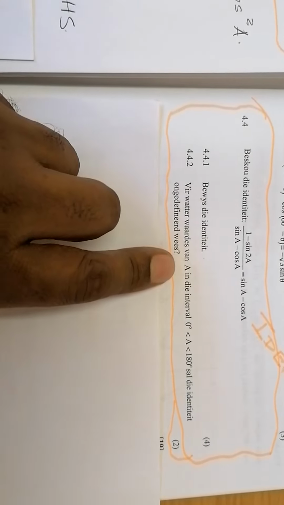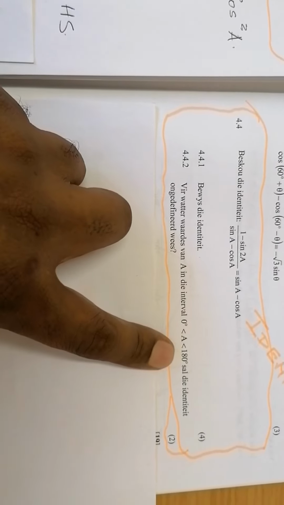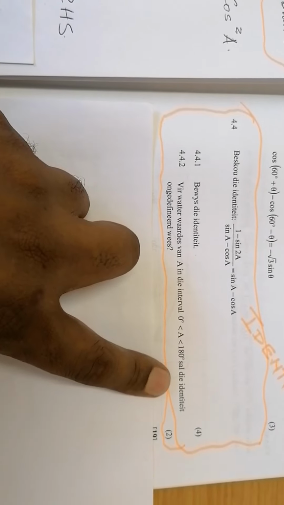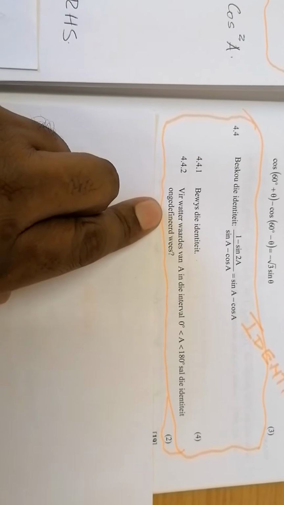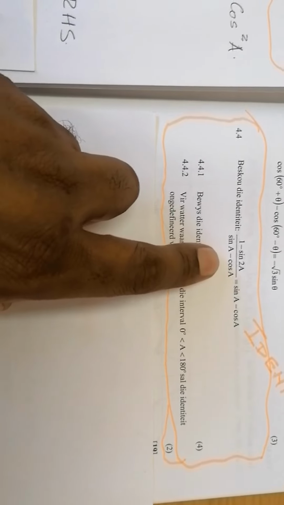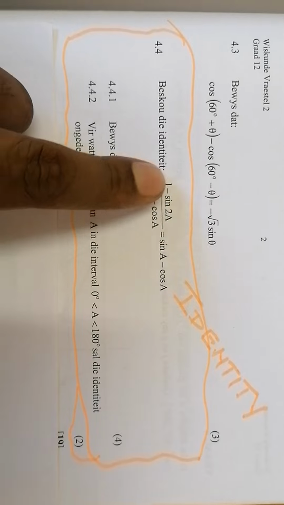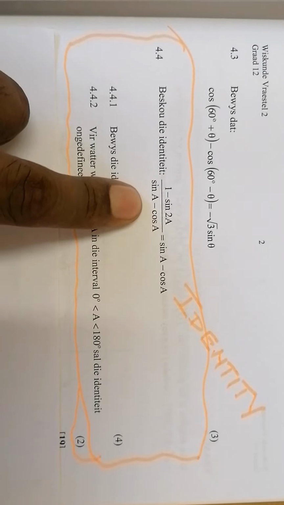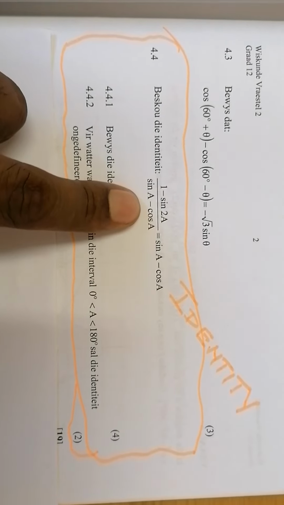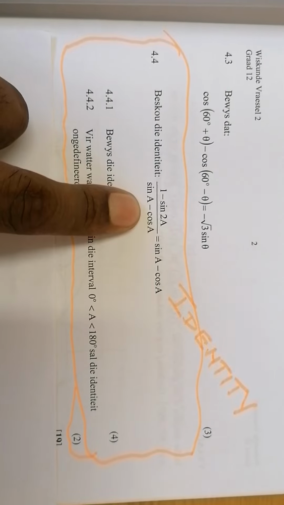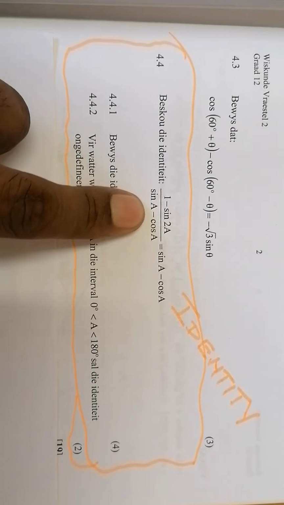Secondly, for which values of A in the interval 0 < A < 180 degrees will the identity be undefined? Remember, this is a fraction and the denominator is not supposed to be 0.